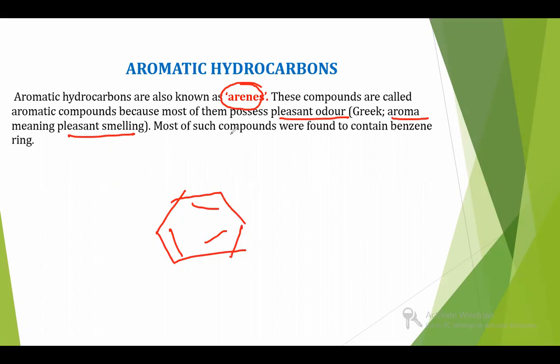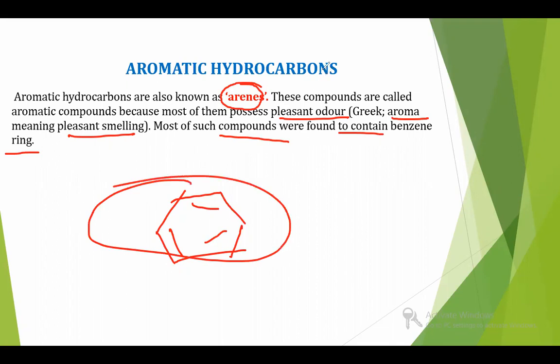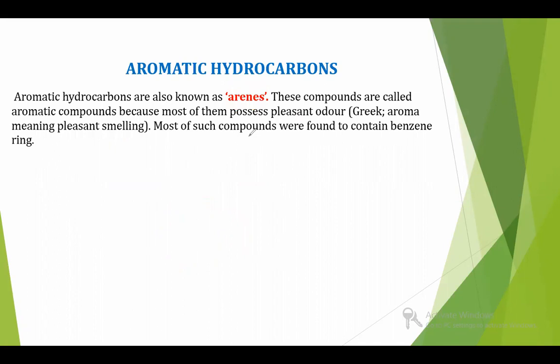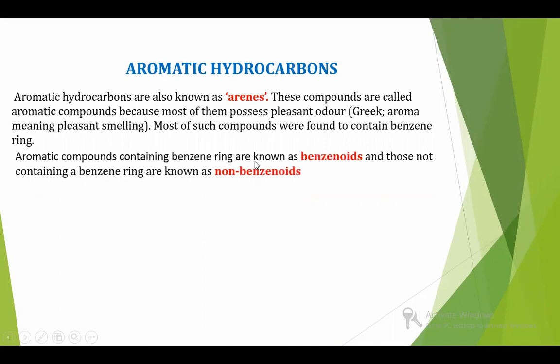Most such compounds contain a benzene ring, a 6-membered carbon cyclic group having alternating pi bonds in it. These we call aromatic hydrocarbons. Aromatic hydrocarbons containing the benzene ring are known as benzenoids.